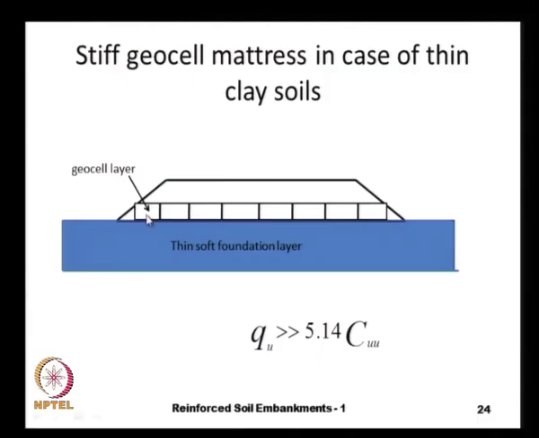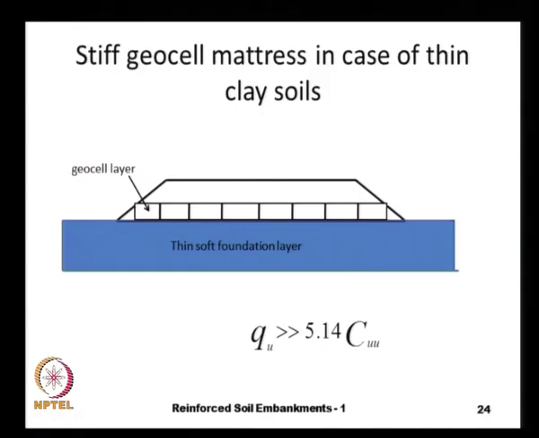The other alternative is to use a very stiff mattress, that is by using a 3-dimensional geosynthetic like geocells, and this option is especially true when the thickness is thin compared to the base width of the embankment.